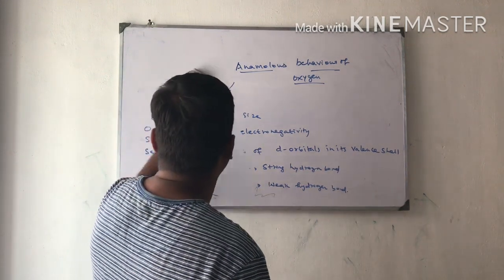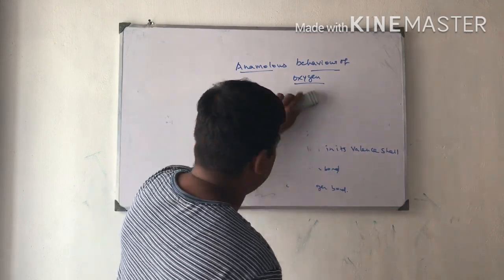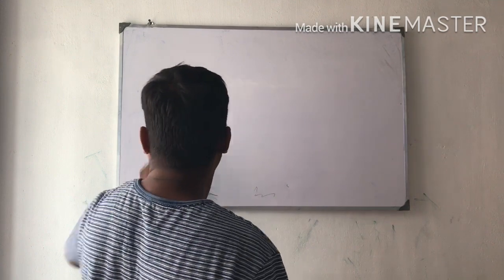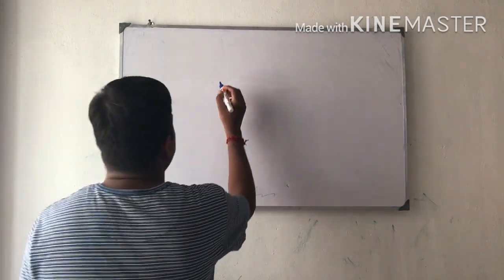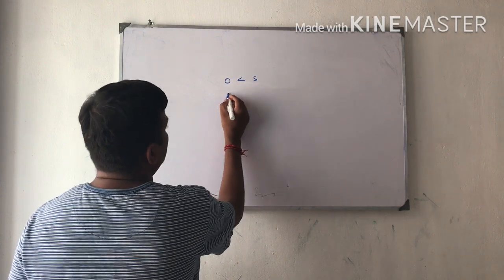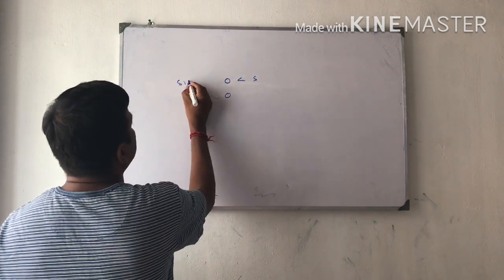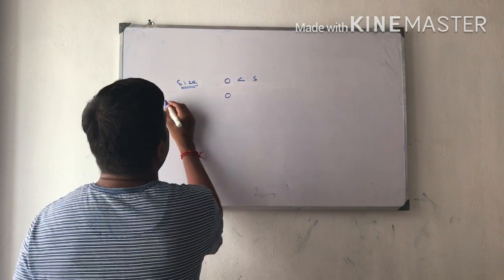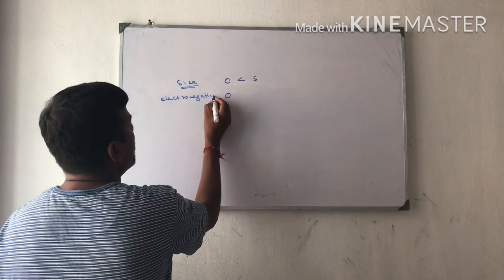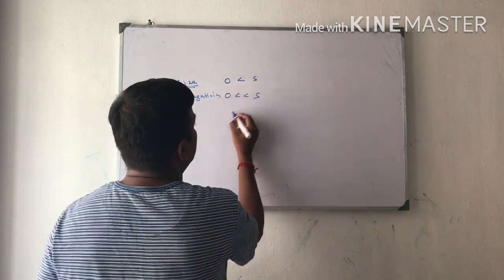I will explain all those things again. Oxygen is smaller than sulfur. The electronegativity of oxygen is far greater than sulfur.